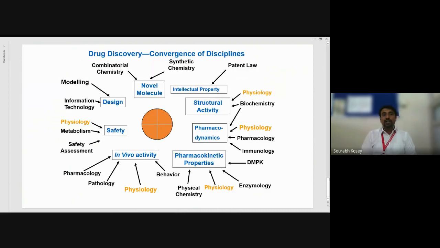So as you see, drug discovery is a very tedious process with various multidisciplinary activities like chemistry, intellectual property rights, pharmacology, immunology, enzymology, and neurobehavioral activities, animal and human research, safety profiling, dosage form designing, functional groups, and quantitative structure activity relationship.